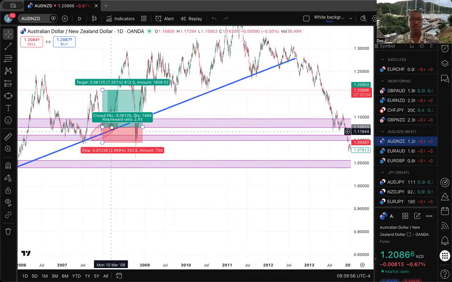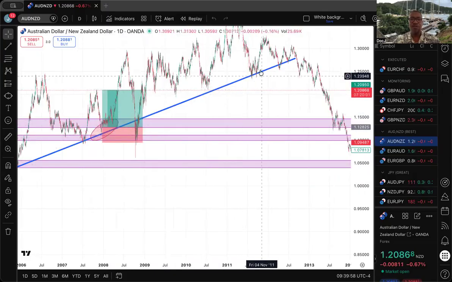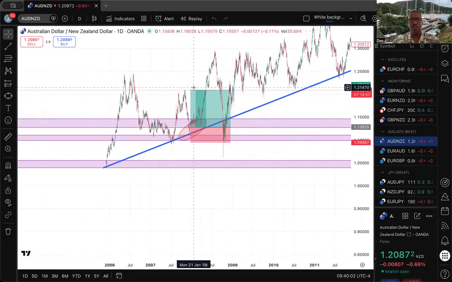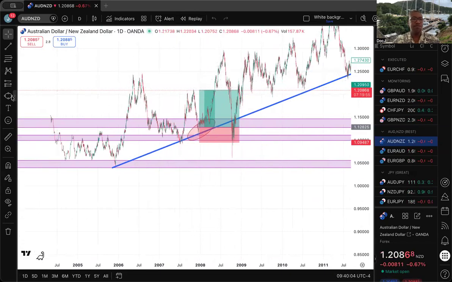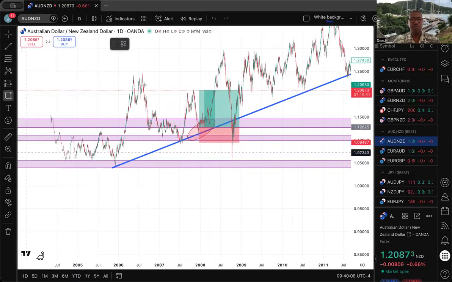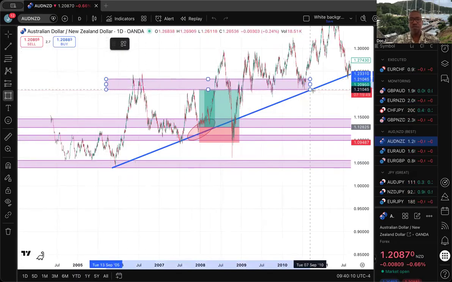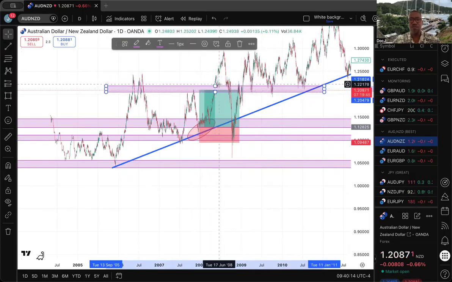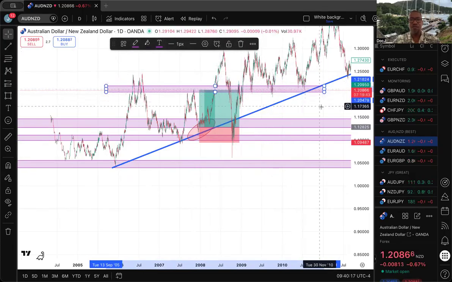So this is the example that we used just now. And again, price comes to this trend line. This is another area of interest here that you could also have used. It's a smaller area of interest. Because you see, as price comes to that area, you get a rejection. Right? It's a good spot to take a trade.